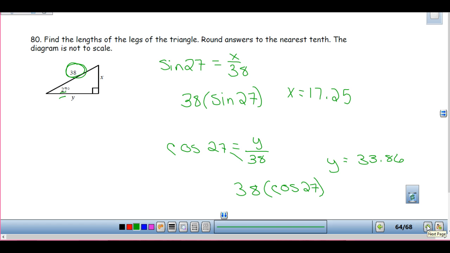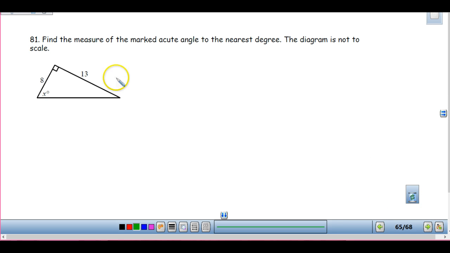Alright, now moving on, we only have a couple left. Now we need x. So we have to figure out what sides we have. We don't have the hypotenuse, so we can't use sine, we can't use cosine, so we've got to use tangent.